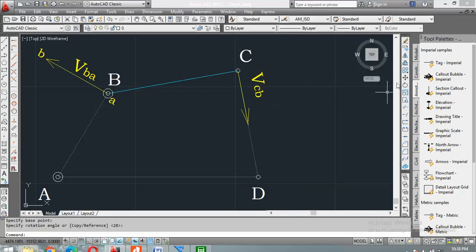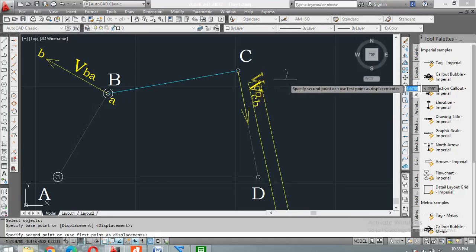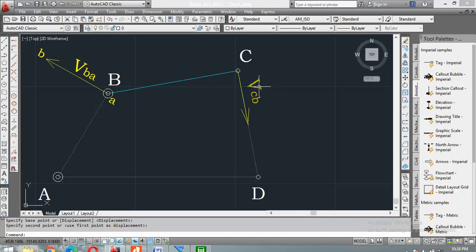I am writing it nearer to this velocity. Now if we want to give the name VCB, then first C point should be on the head, and B point should be on the tail of this vector.